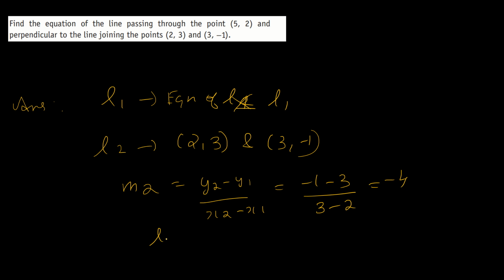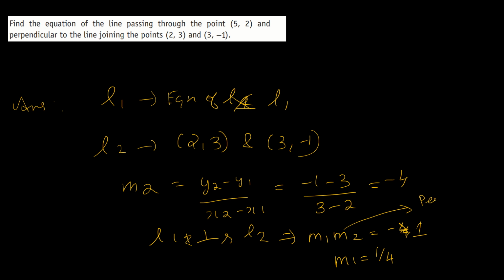Since L1 is perpendicular to L2, m1 times m2 equals -1, because this is the condition for perpendicularity. So m1 is equal to 1/4.